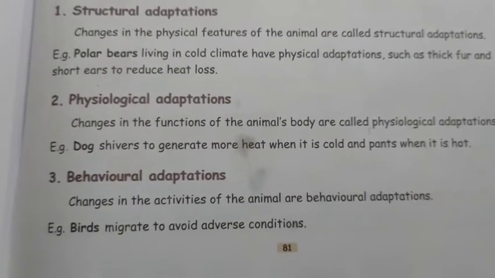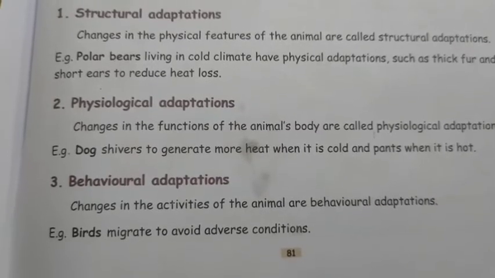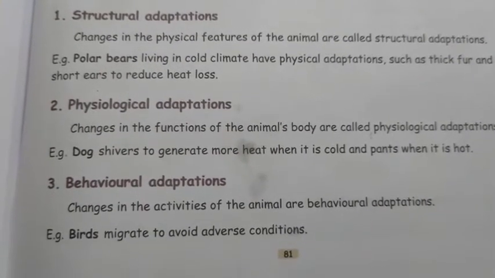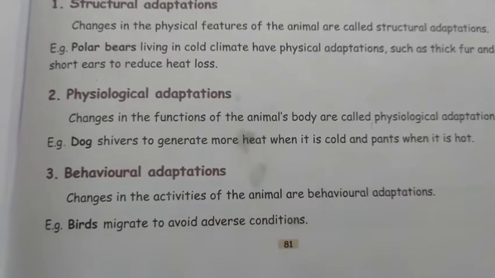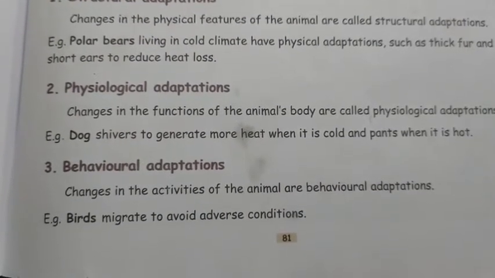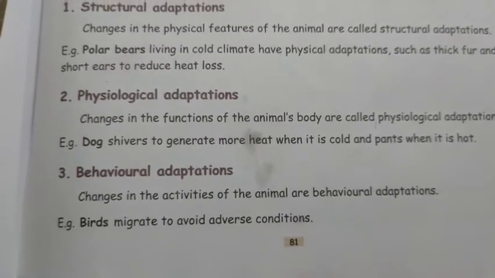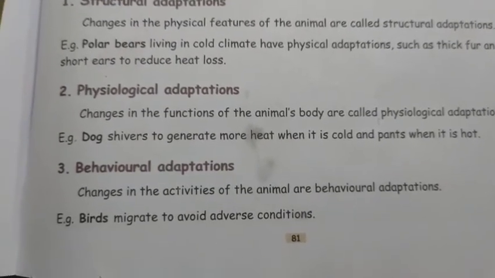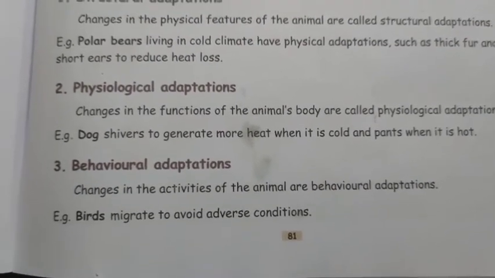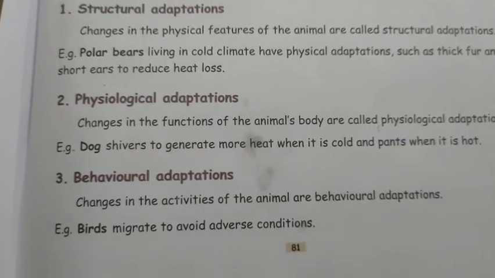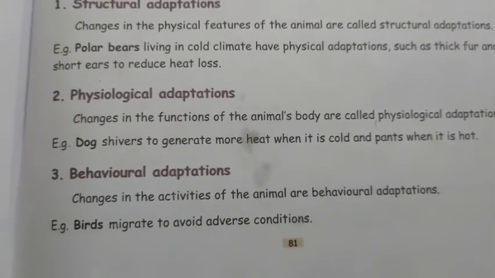Birds come from another place to our place, and our birds go to another place from our place. This process is known as migration. If the climate is very hot, the birds will go to the cold regions. Like this they change their place. This is called behavioral adaptation.